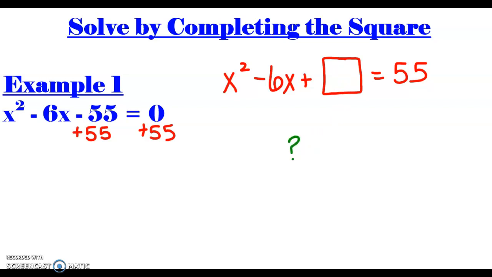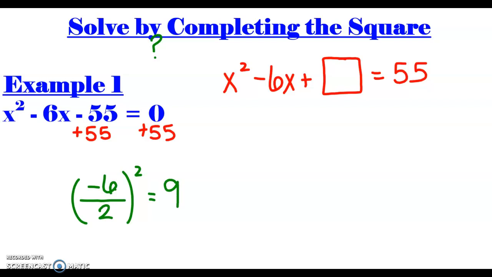A perfect square trinomial is when your factors are the same. So to figure out how you can do this, you always take half of b and you square it. So b is negative 6, so we take half of that and we square the result. So half of negative 6 is negative 3. Negative 3 squared is 9. So here magical c is 9.